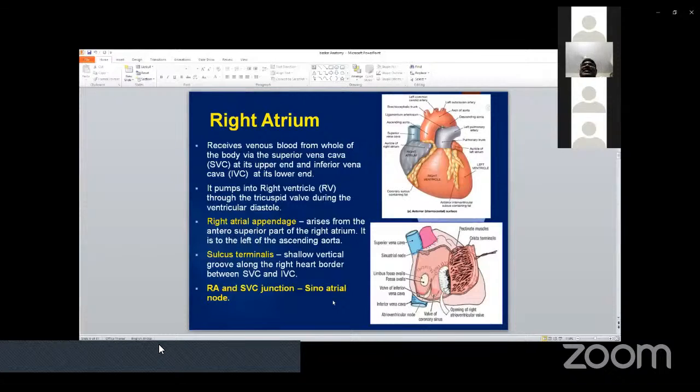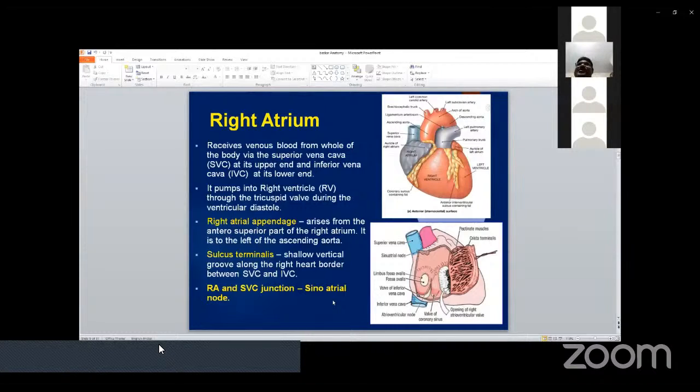So next, the right atrium. The right atrium is located on the right side, at the top of the right ventricle. It receives venous blood from the whole of the body via the superior vena cava at its upper end and the inferior vena cava at its lower end.